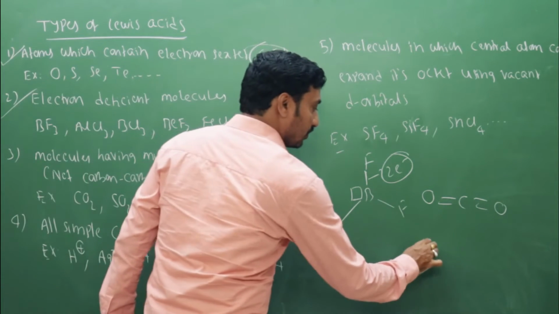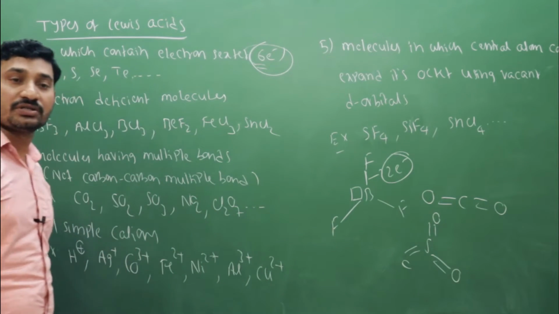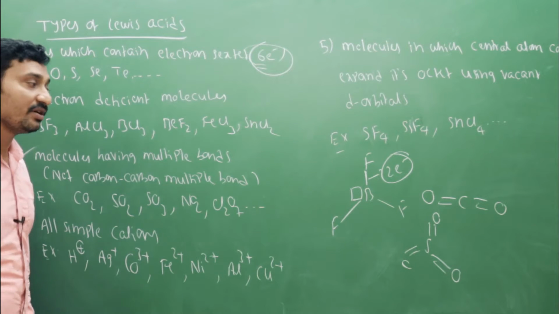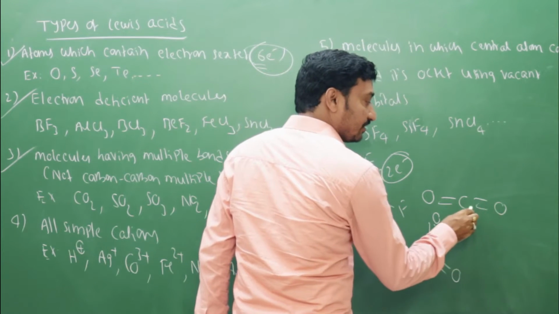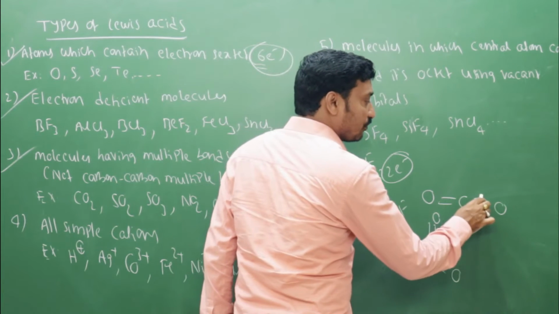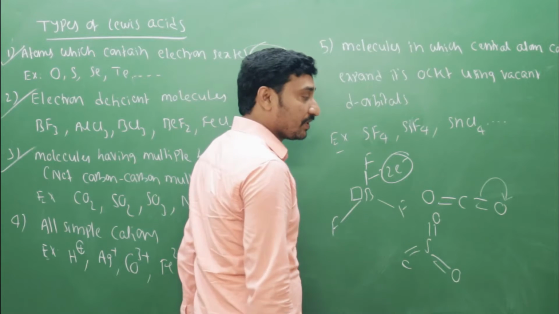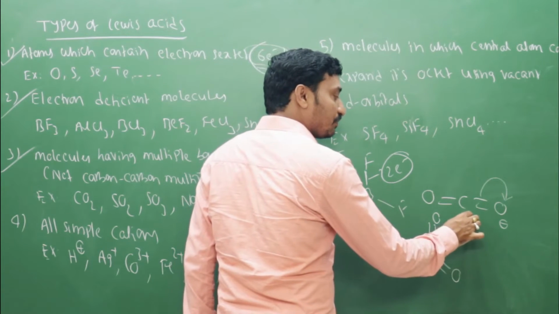SO3, multiple bonds between sulfur and oxygen. Molecules with multiple bonds act as Lewis acids. Why? Because see here, oxygen is more electronegative than carbon, right? That's why this bond pair of electrons is attracted by oxygen, then oxygen gets a partially negative charge, carbon gets a positive charge.